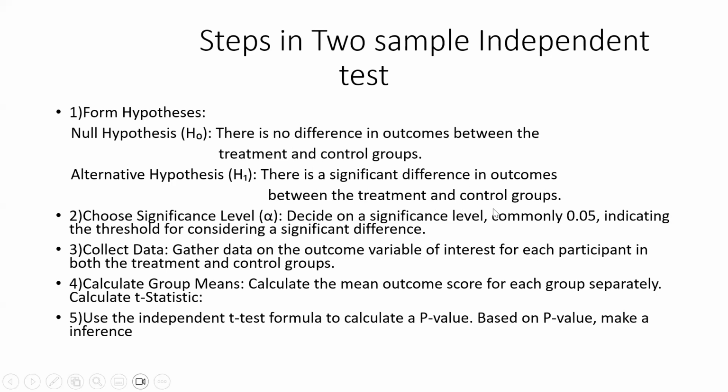Then they will set a significance level, the type 1 error, and conduct a clinical trial, and then collect the antibody concentration for the COVID vaccine group and placebo group. Then they will calculate the mean difference between the two groups and calculate the p-value. Based on the p-value, they will collect the evidence to accept or reject the null hypothesis.